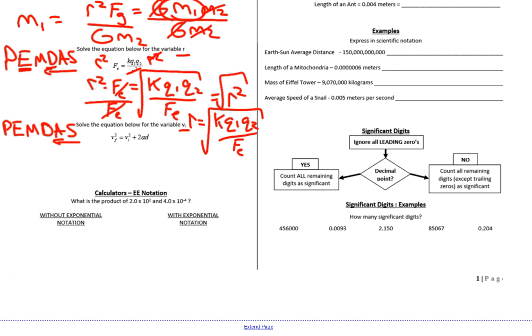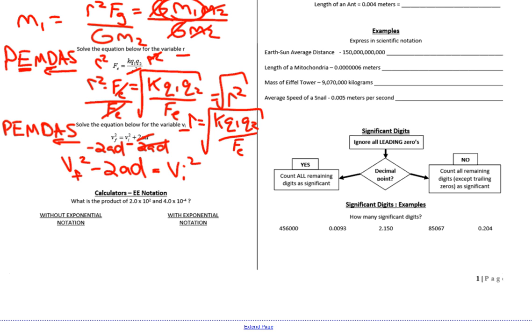If I'm trying to get vi by itself, the opposite of adding 2ad is subtracting 2ad, and whatever I do on one side, I have to do to the other. So 2ad minus 2ad cancels, and I get vf squared minus 2ad equaling vi squared.